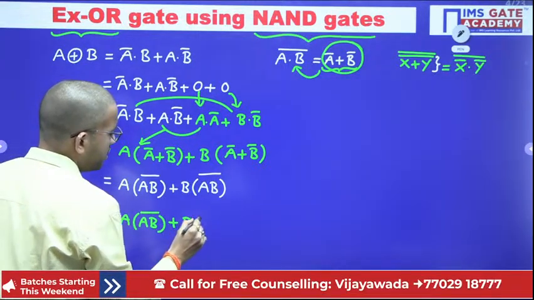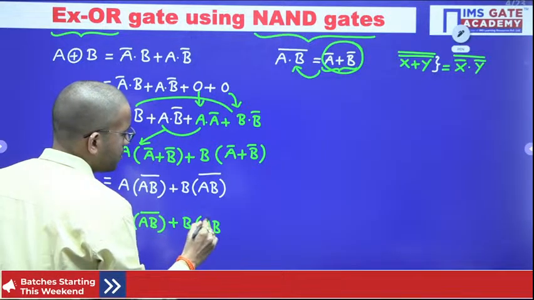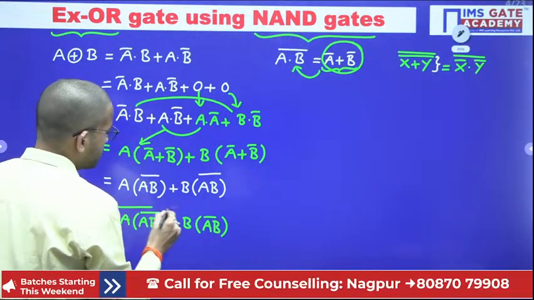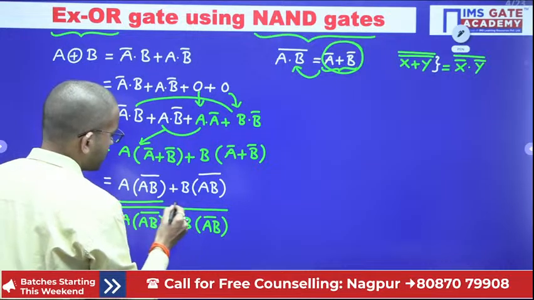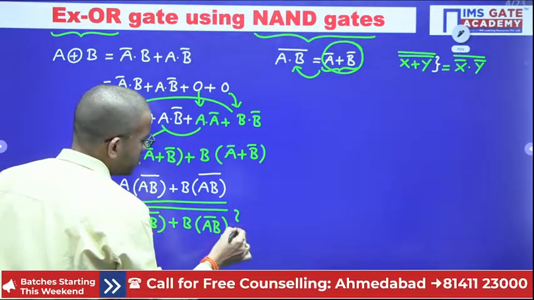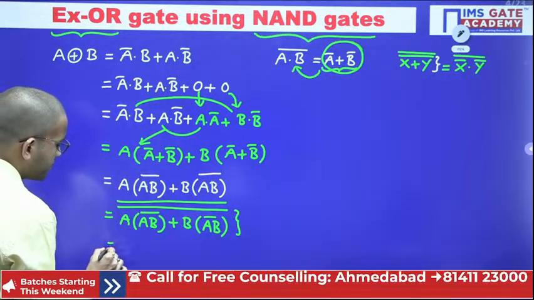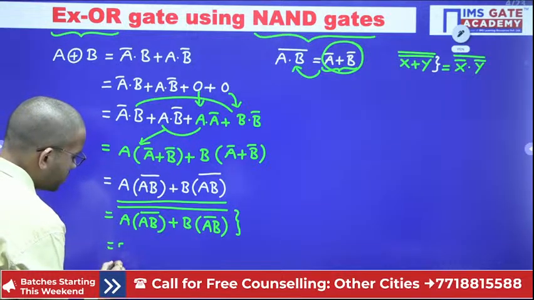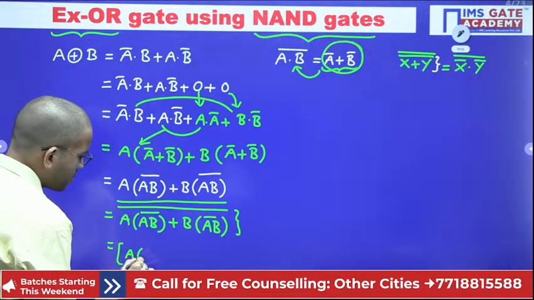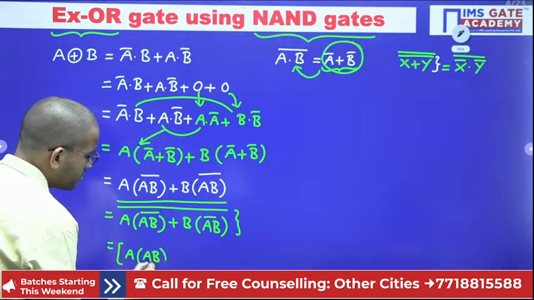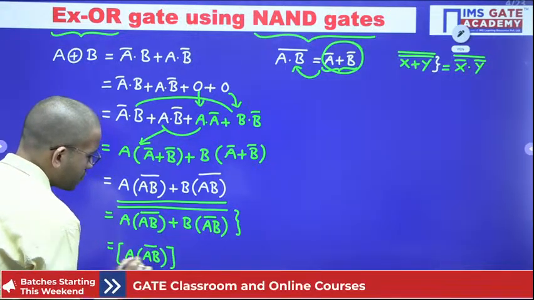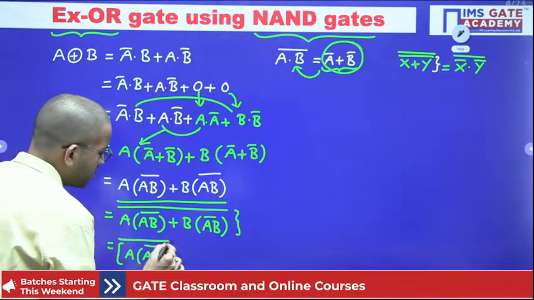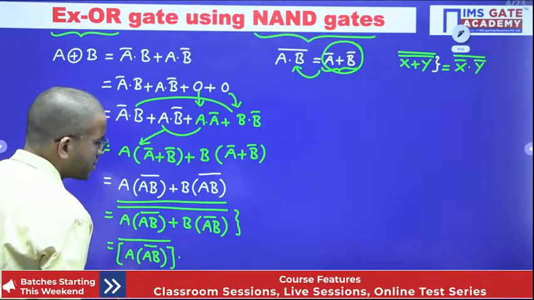A into AB bar plus B into AB bar, 2 times complement. For the inner complement, you can use De Morgan's law. First term complement. So up to here, this is the first term complement. Here logical AND.